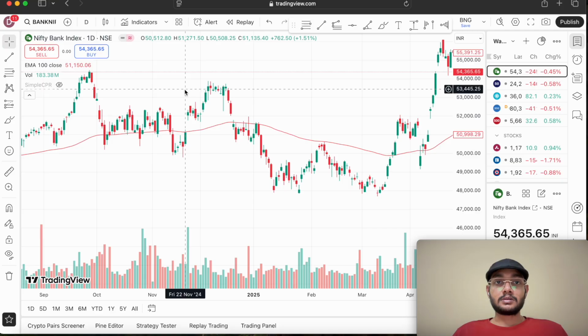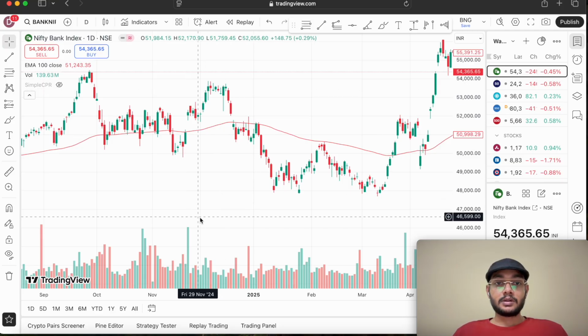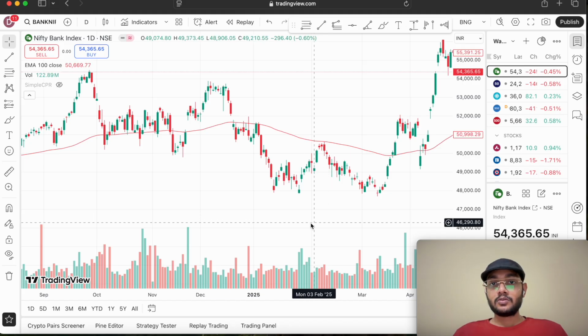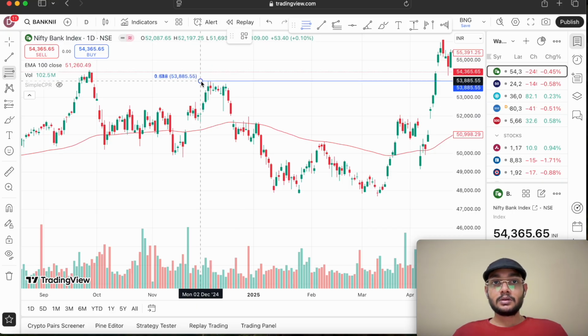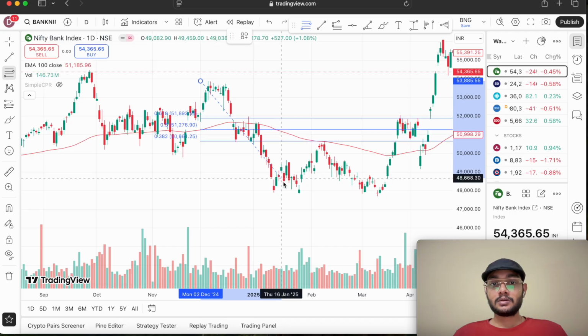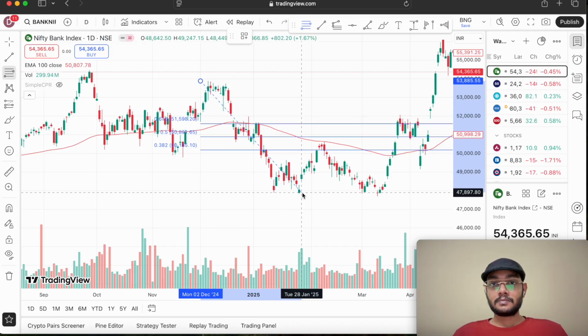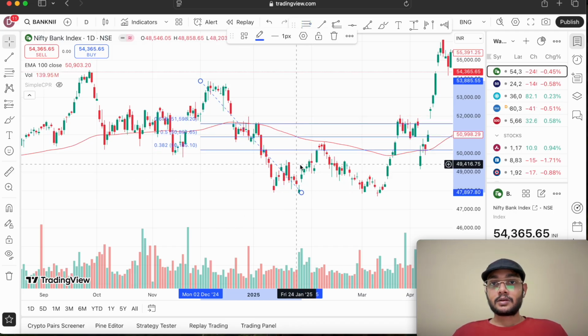Okay, let us consider this zone from December 2024 to Feb. Okay, so let me just draw an extension from here to here. Okay, look at this here, guys.